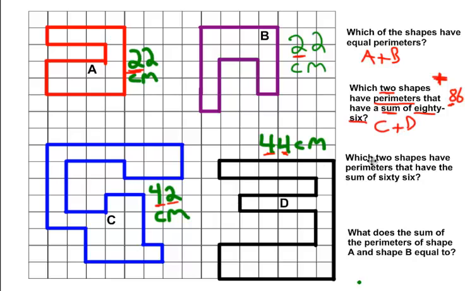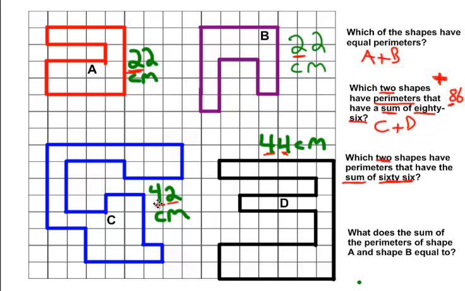And then we have this question here asking us which 2 shapes, again we need 2 shapes, have perimeters that have the sum of 66. So again, using logic, it'd be a waste of time to combine these 2 because 20 and 20 is 40 and we need something in the 60s. How about this one here?